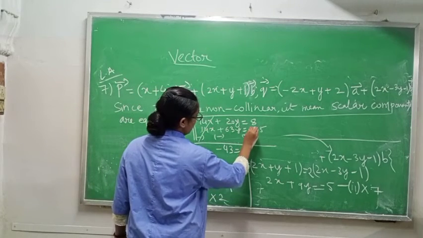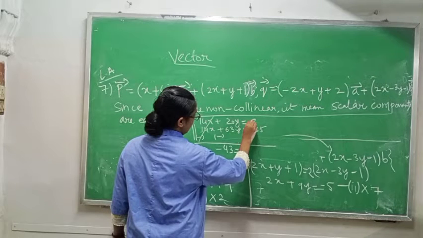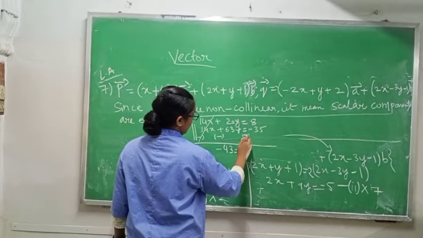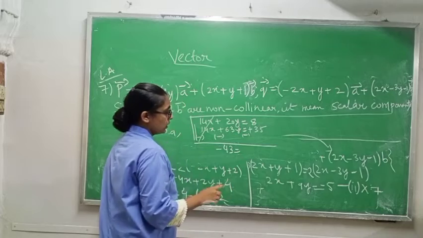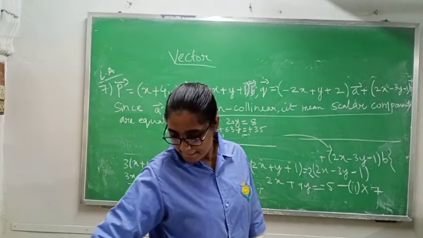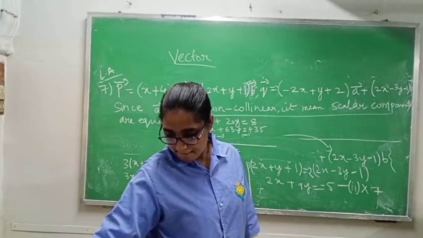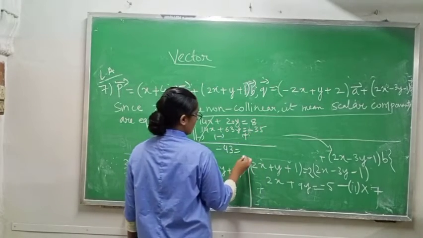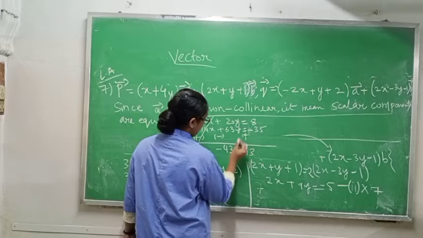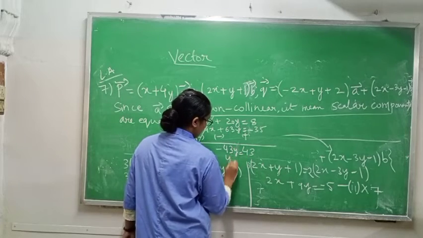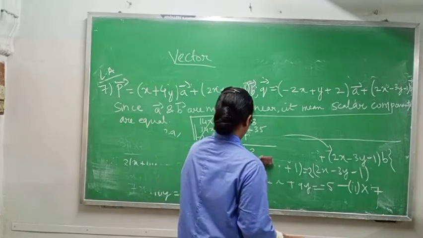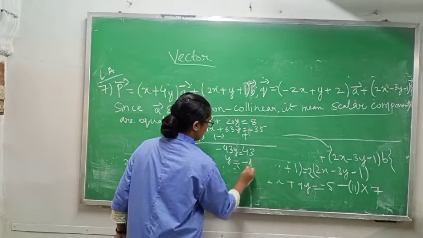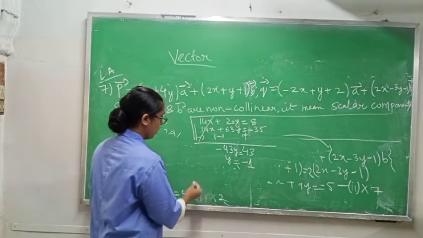Here also minus, this one will be plus. Here it is minus, so this one will become plus. It means you will get 43. Here it is y. It means the y value you will get is minus 1. Now put it in equation 2 or 1.